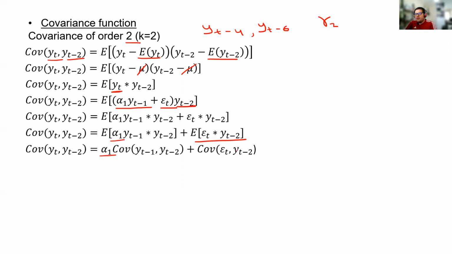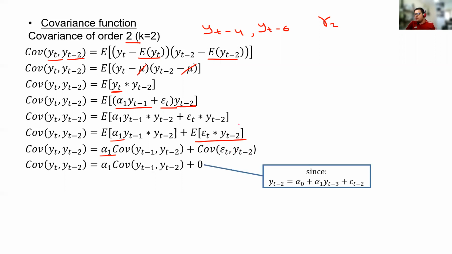Now, is yt minus 2 directly affected by et? It's not. Yt minus 2 is affected by yt minus 3 and et minus 2. Therefore, there is no direct relationship between these two variables, so all of this goes to 0.